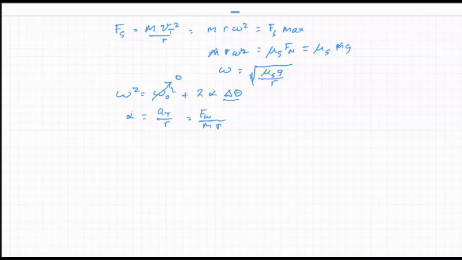So we know what omega is. We can calculate it right now. It's equal to the square root of the coefficient of static friction, which is 0.90, times g, 9.8 meters per second squared, and we divide that by r, which is 50 meters.